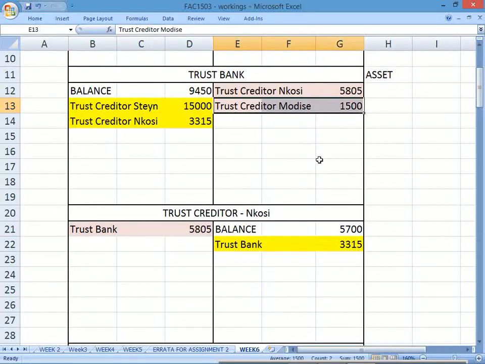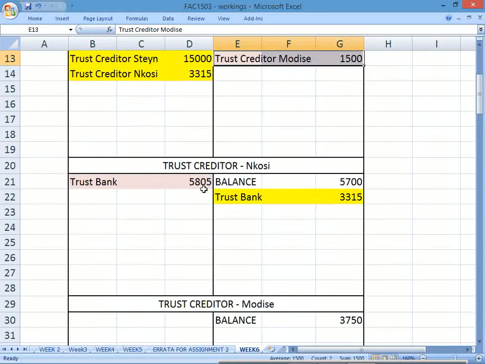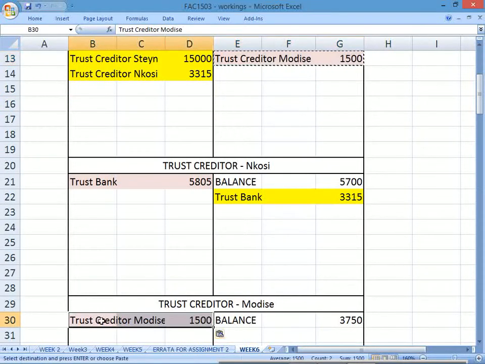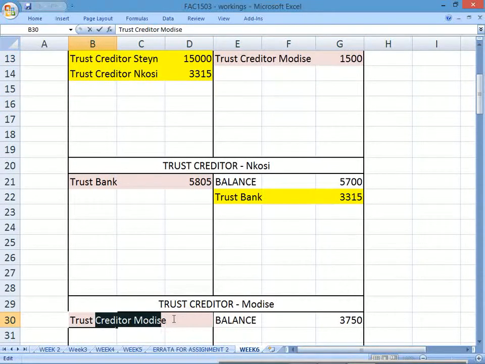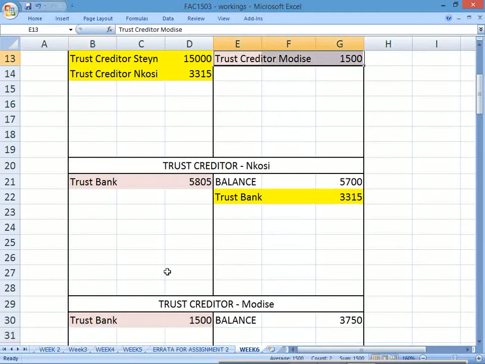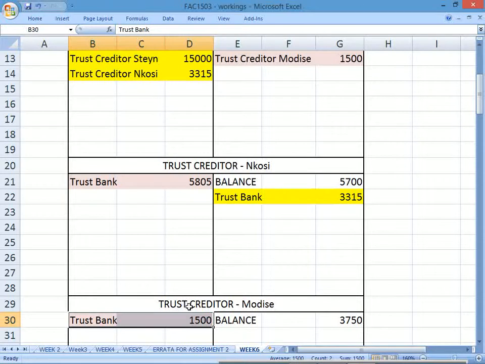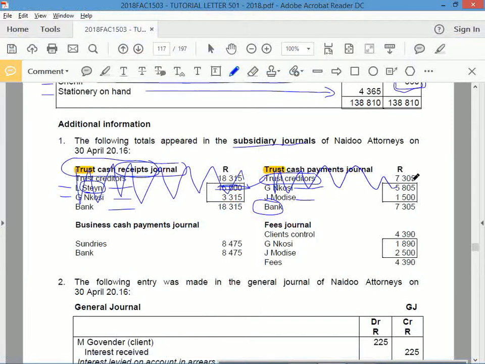Trust creditor Modise, let's put that in. That's going to go here, bank. Right, there's the credit, there's the debit. Now I've done another journal. See that? Yes? It's not that bad. Okay, cross out, tick off.